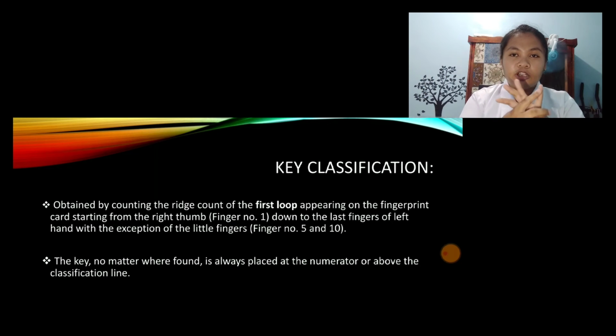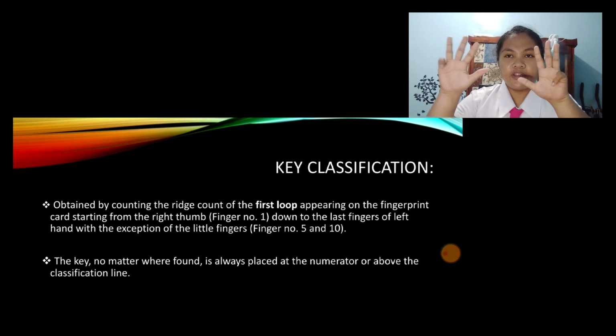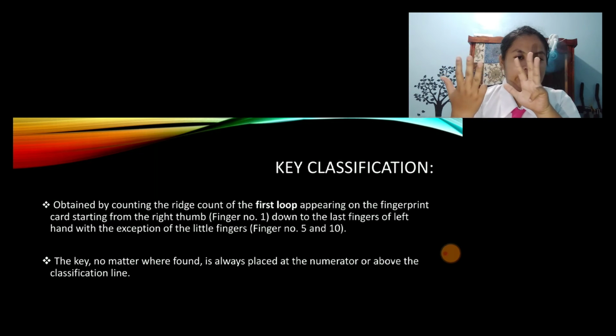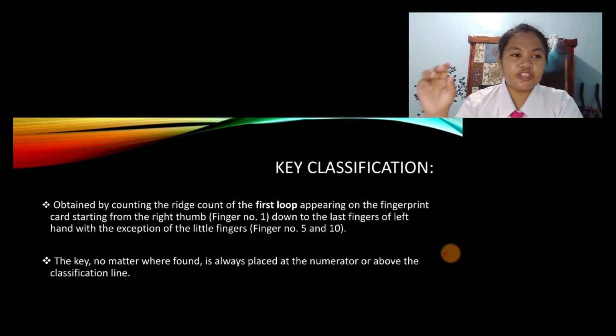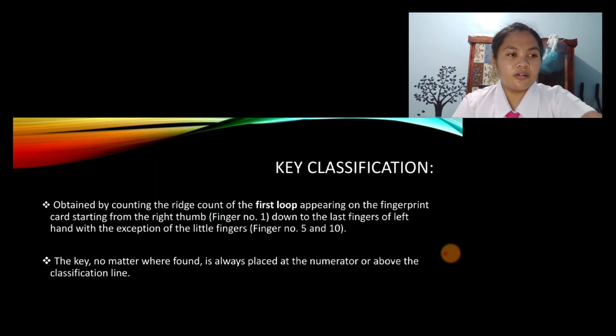1 up to 9, because fingers number 5 and 10 are exempted in the key classification. So these fingers are only needed if they are the first loop appearing. The ridge count of the first loop pattern is the key classification.